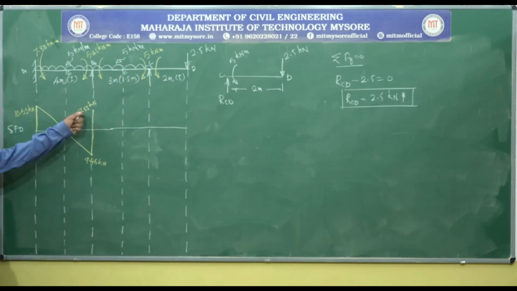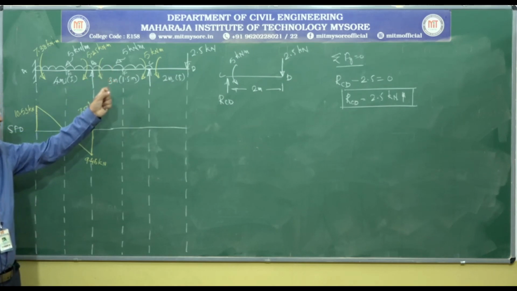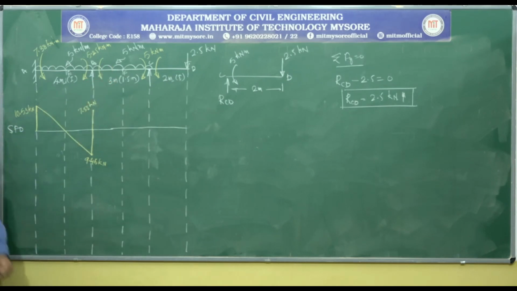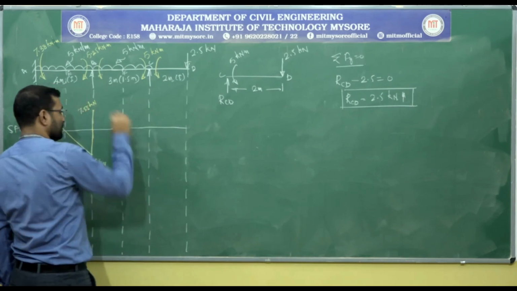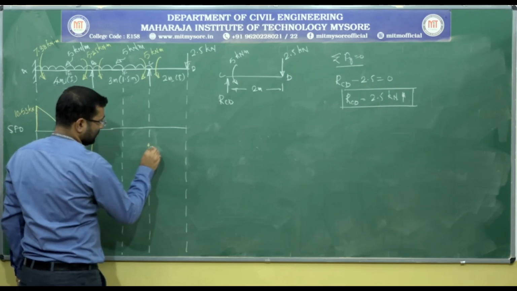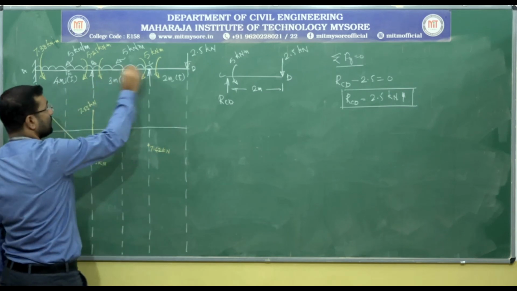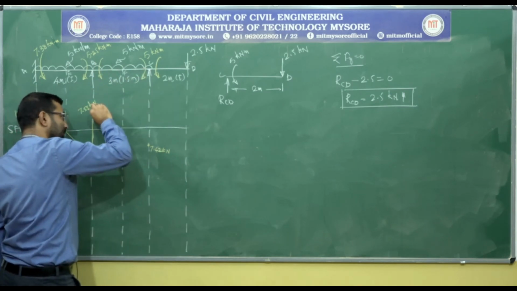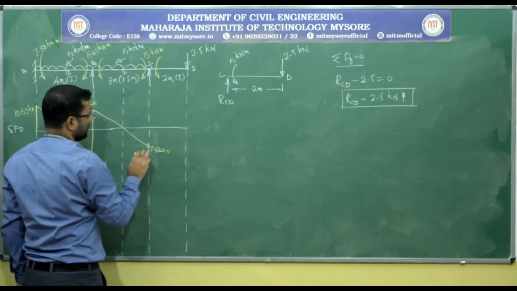So 7.58 minus this UDL, that is 5 into 3.15, gives you a negative value of minus 7.42, somewhere here, minus 7.42 kilonewton. As the load is UDL, the variation will be linear.